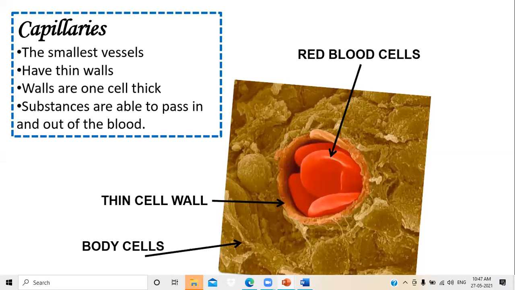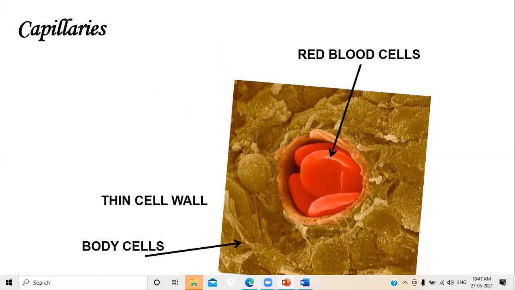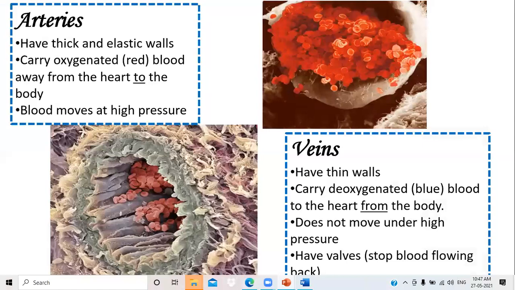All right, now guys, I have a tricky question for you. Are you ready for this? Okay, what did I tell you about the arteries?